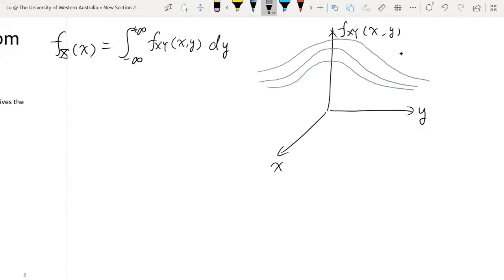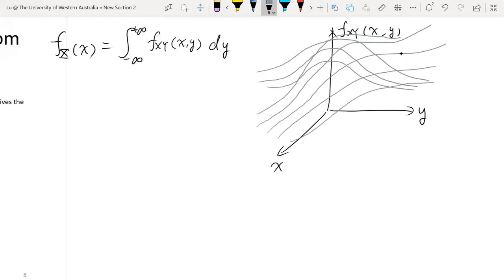And also this is the surface, right? So maybe like this. I'm not sure if you can understand what I'm drawing. I'm trying to just sketch the surface of the joint PDF between X and Y.